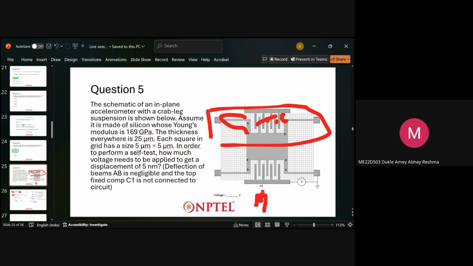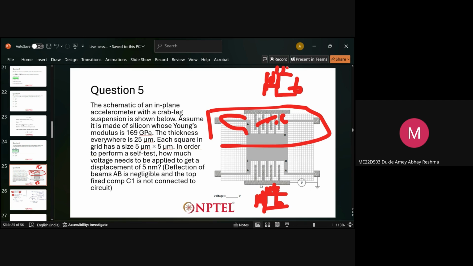This is the value of D, this is the value of B, and again this is the value of T. So two capacitor plates, D. Okay, so the area of contact, this is B, and the thickness of the plate is T.